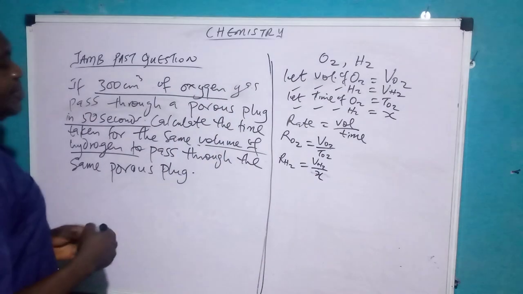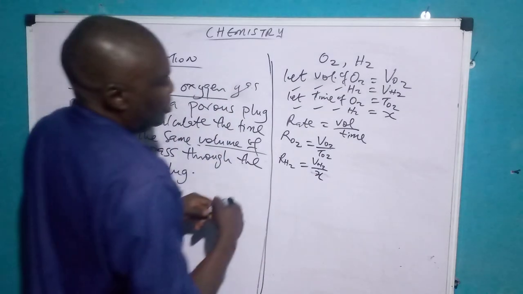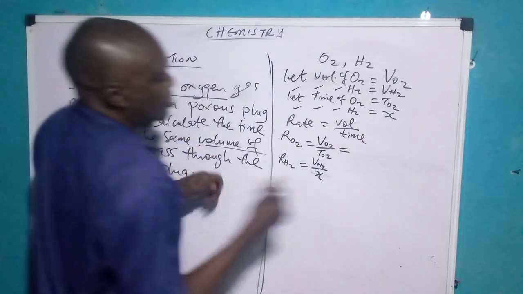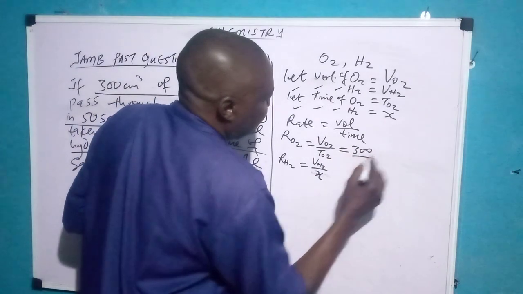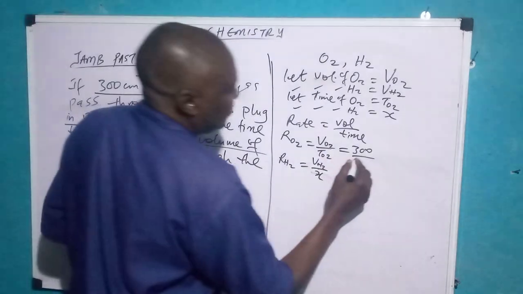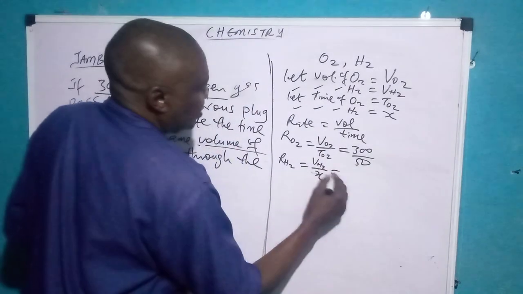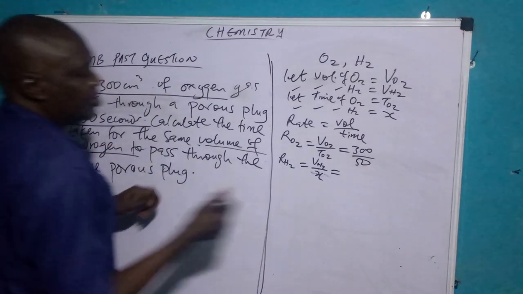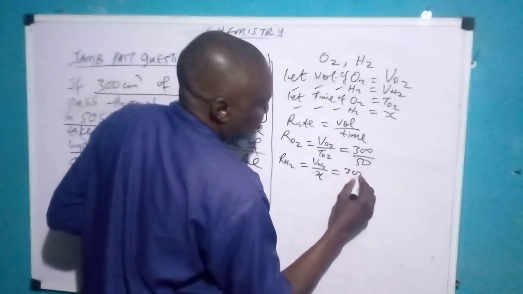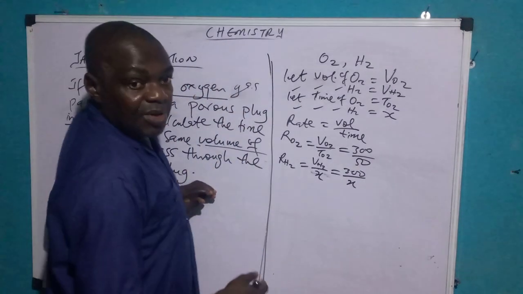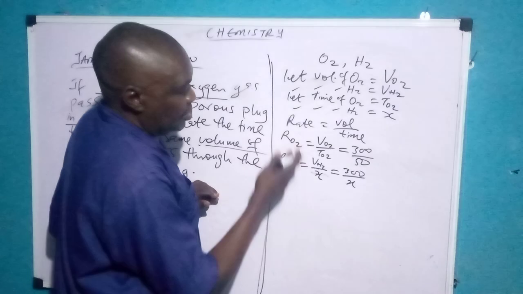So let's see how it goes. This one will now be 300 over 50, for the 300 cm³ of oxygen passing through a porous plug in 50 seconds. This one becomes, calculate the time taken for the same volume, so the same 300 over X. This is what you have. And so you have to join the two of them.